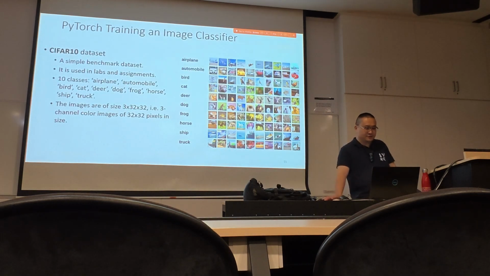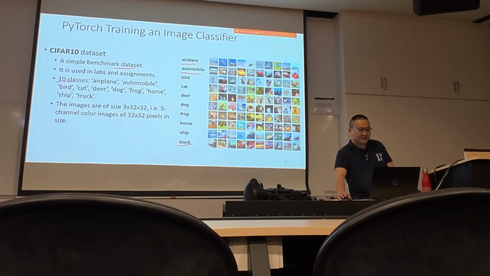This subject will use this dataset intensively for labs and assignments. It is a classic one, CIFAR-10. This is a simple benchmark dataset for image classification. It only consists of 10 different classes, for example airplane, automobile, and so on, up to truck.